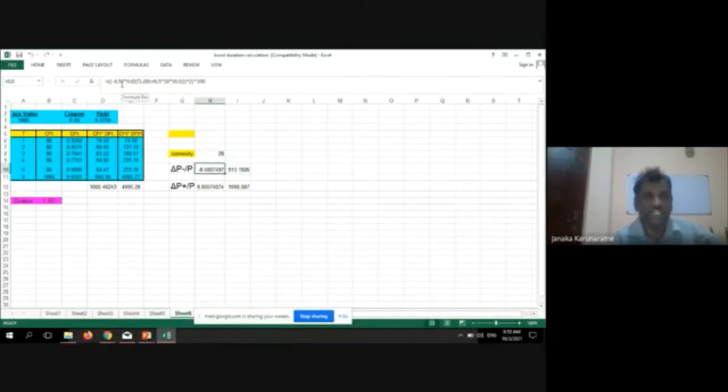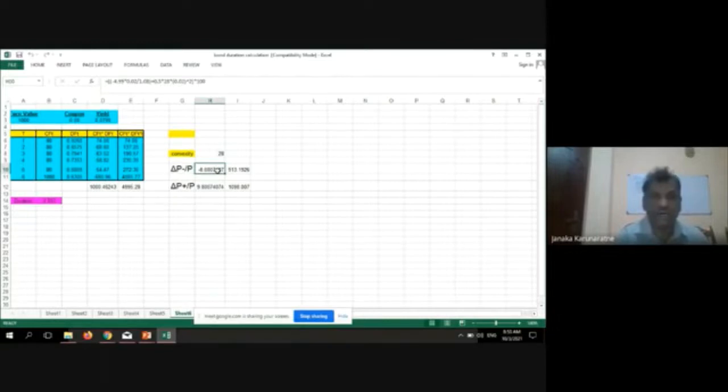Using this formula, change in price is 0.5 times 28 times delta R to the power 2, that is 0.02 to the power 2, times 100. That is for the percentage. So you get a negative 8.68 percentage, right?